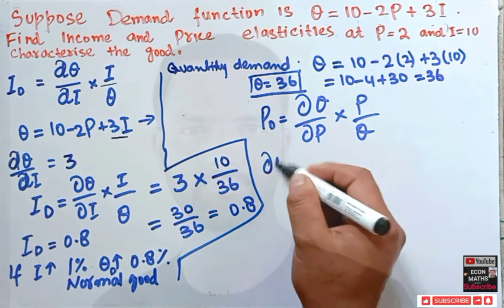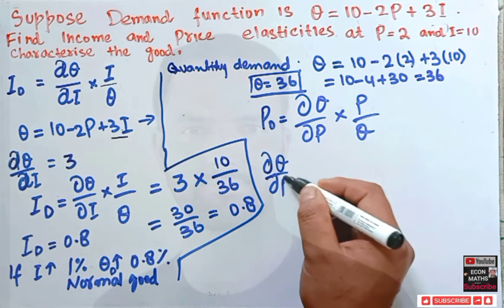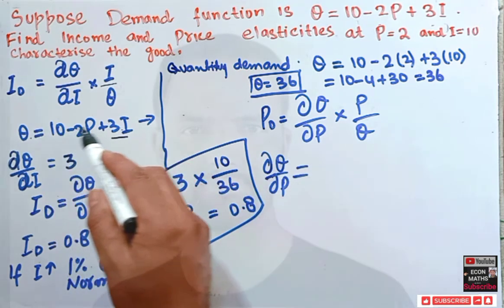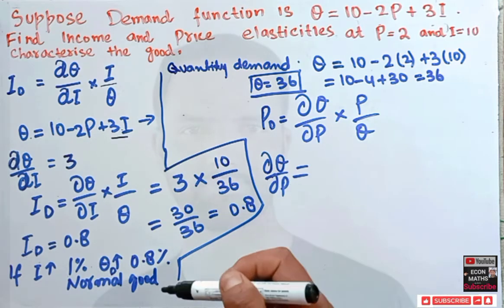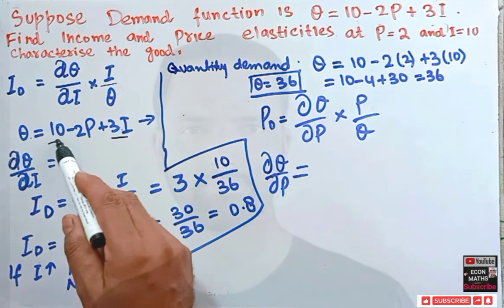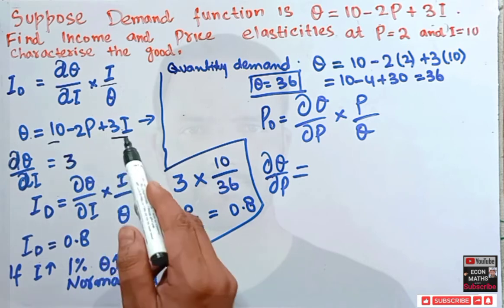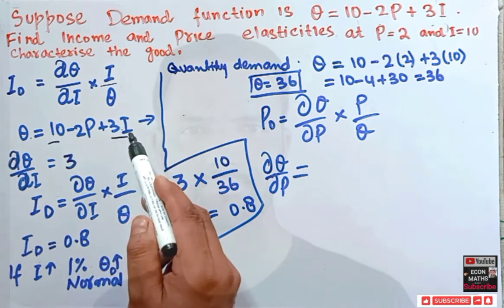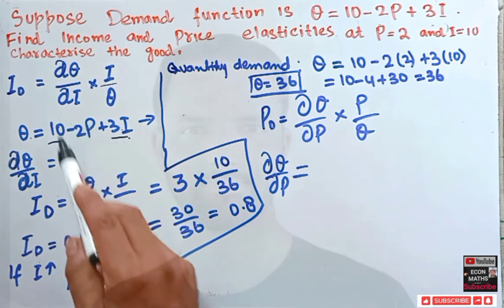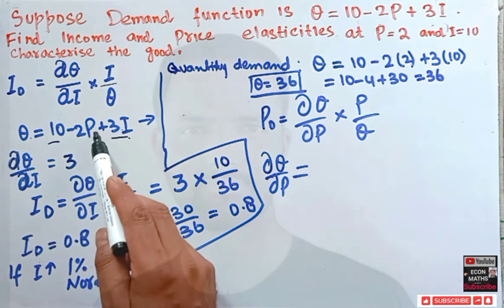So we will calculate dq upon dp. That means differentiating this demand function with respect to price. Since no p is involved in the first term, the derivative is 0. In the last term also no p is involved, so the derivative is 0. So we are left with the second term.